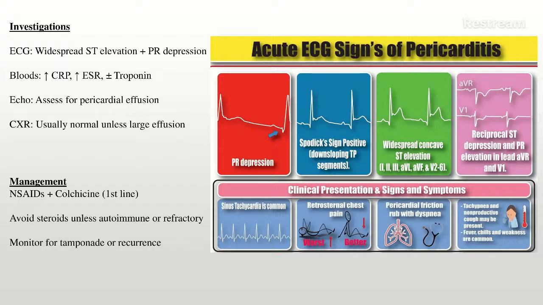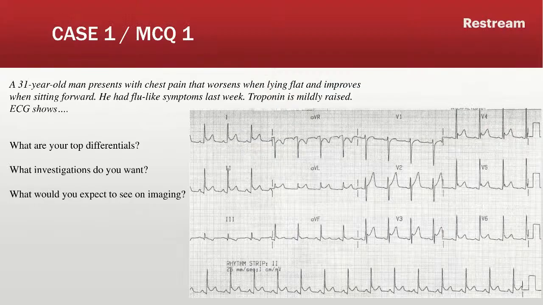Okay, so on the bloods, he's had a raised CRP, raised ESR, sometimes a raised troponin. Okay, he had widespread ST elevation in all leads, and again, PR depression. So if you look here, you can see PR depression in leads 1, leads 2, and AVF as well. You can see the PR depression over there.